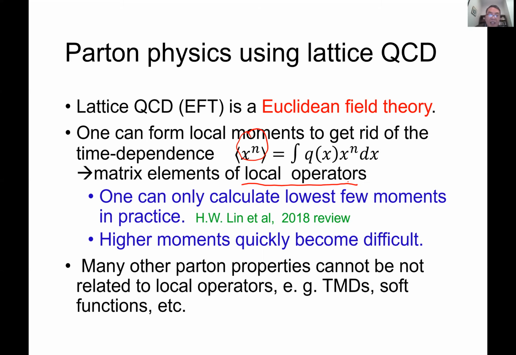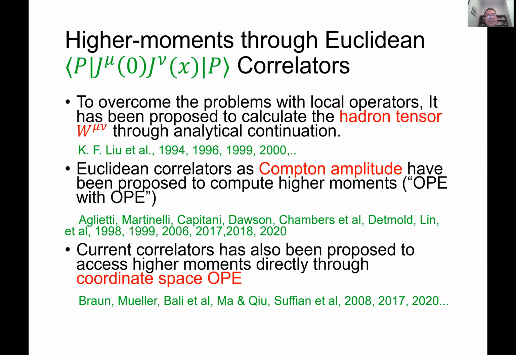Now here I'd like to discuss an alternative approach to moments, to calculate higher moments through non-local correlators in Euclidean lattices. Basically, people thought maybe you can do some deep inelastic scattering on a Euclidean lattice, so you directly calculate the current correlators. People have been doing this since the late 1990s.